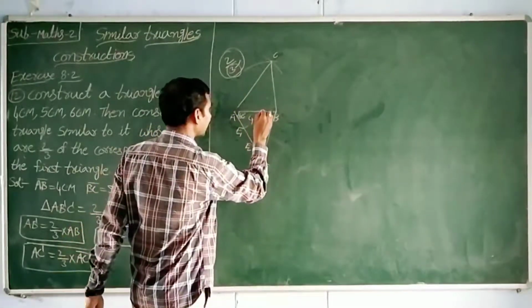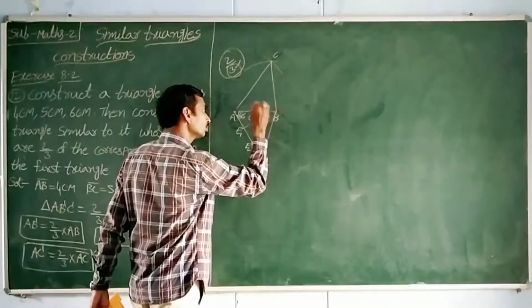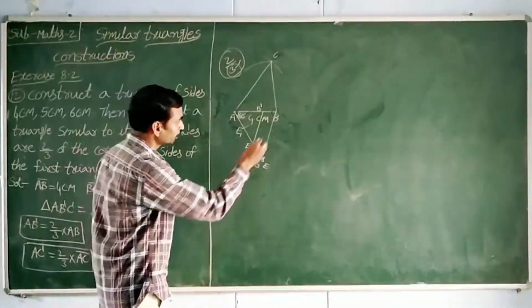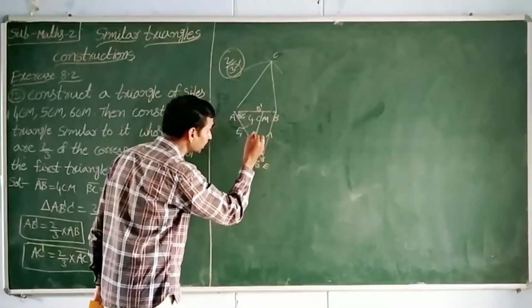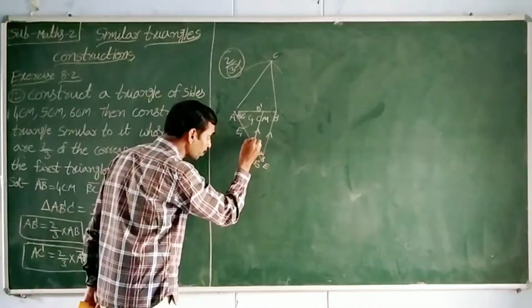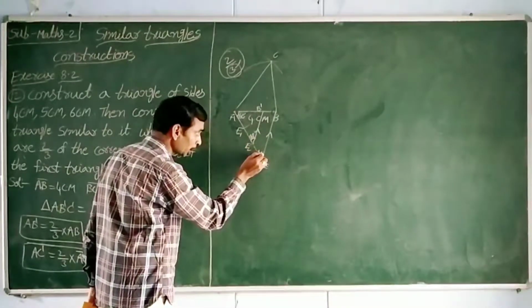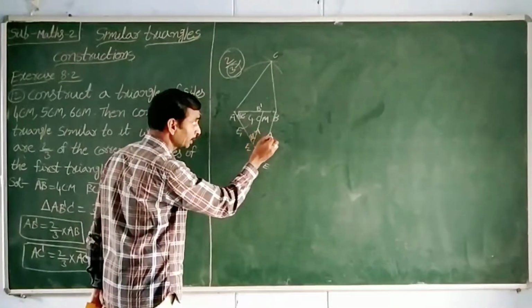This point we take as B dash. Now B E3 is parallel to B dash E2. Both are parallel. Why? Corresponding angles are equal, so these two lines are parallel.